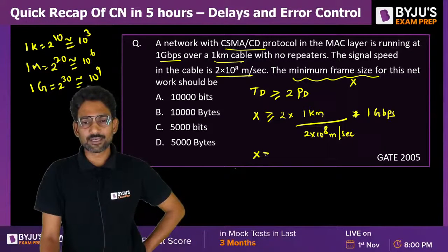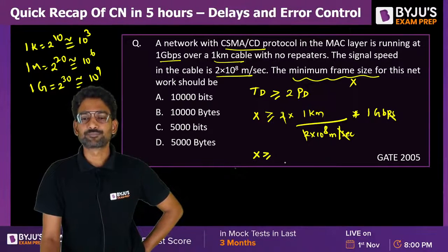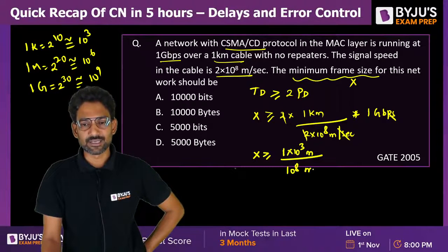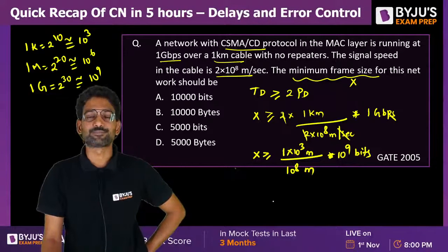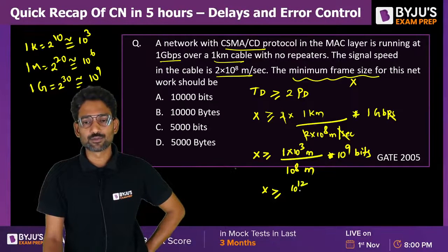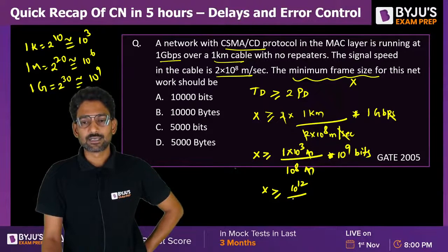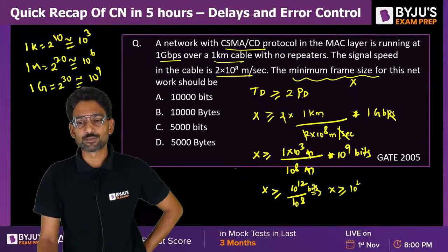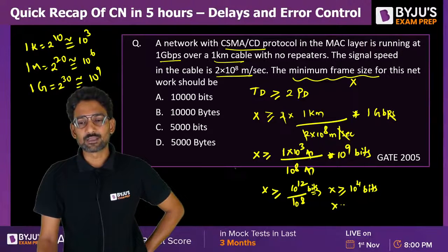So x must be greater than or equal to, per second got cancelled, 1 kilometer means 1 into 10 cube meters by 10 power 8 meters into 1 giga, 10 power 9 bits. So x must be greater than or equal to 10 raised to 12 by 10 raised to 8, meter got cancelled, so what we have left is 10 raised to 4 bits. That means 10,000 bits.